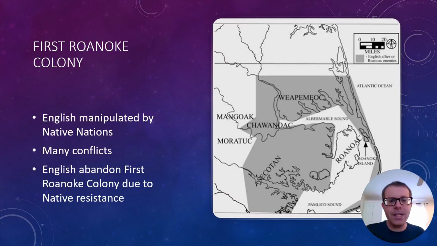And in fact, they sort of set up an initial trade relationship with the Roanokes. And two Roanoke people named Manteo and Wanchese actually traveled to England and visited England in 1584, 1585.